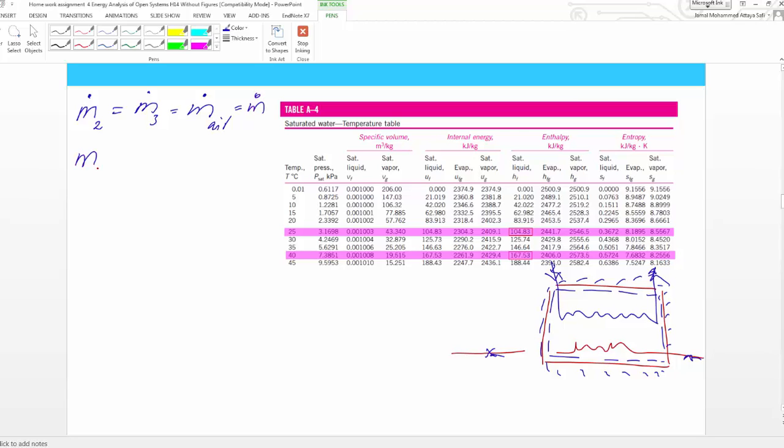Now, the mass at A, remember, this is A and this is B. This is the cooling water. So the mass flow rate at A for the cooling water is equal to the mass flow rate at B for the cooling water. I'll write it here, and that's for the areas.